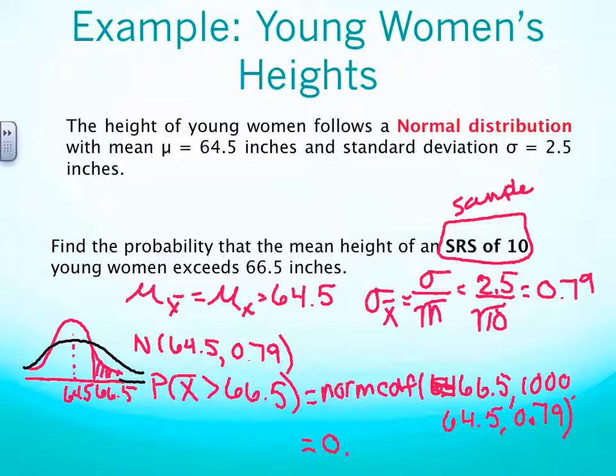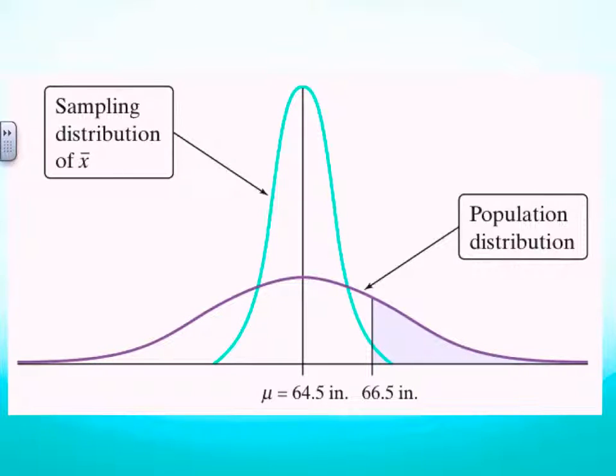Your answer here is 0.0057. That shows you it is very unlikely that you would choose an SRS of 10 randomly chosen young women whose average height would be greater than 66.5. Here's the normal curve I was describing, tighter together for your sampling distribution. And that's it for this video.